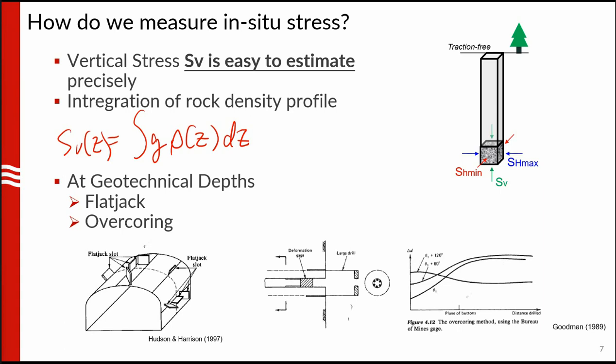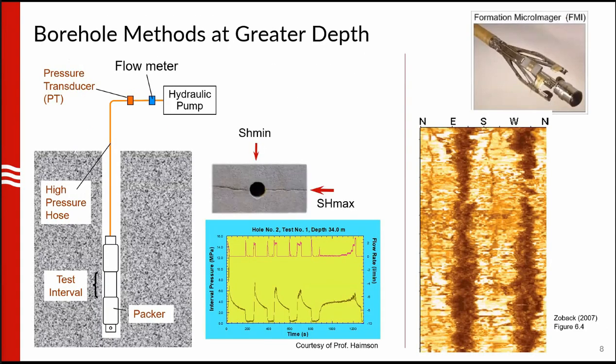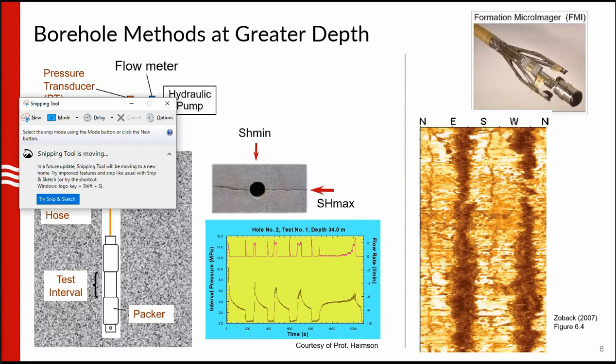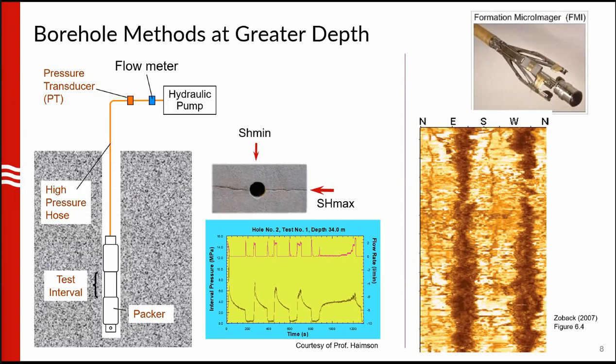But while these are good methods, underground structures you can only build down to a couple kilometers. If you want to know the stress even deeper, you have to rely on borehole methods. So that's why in an energy resource setting, measurements in boreholes are going to be crucial.